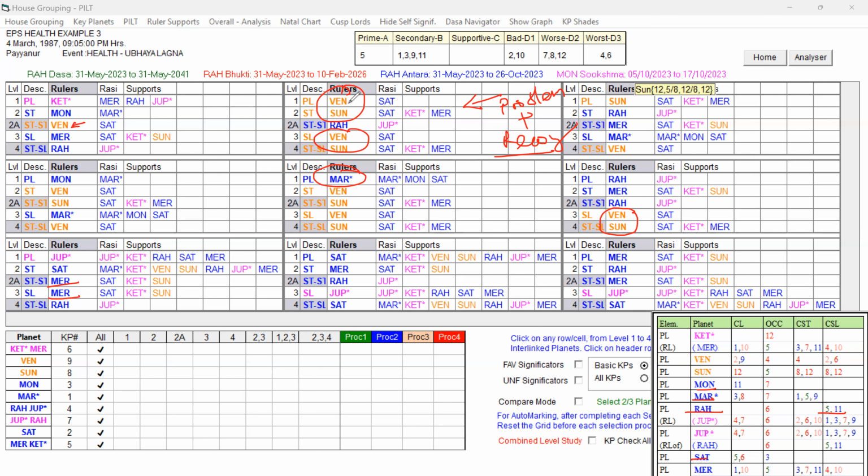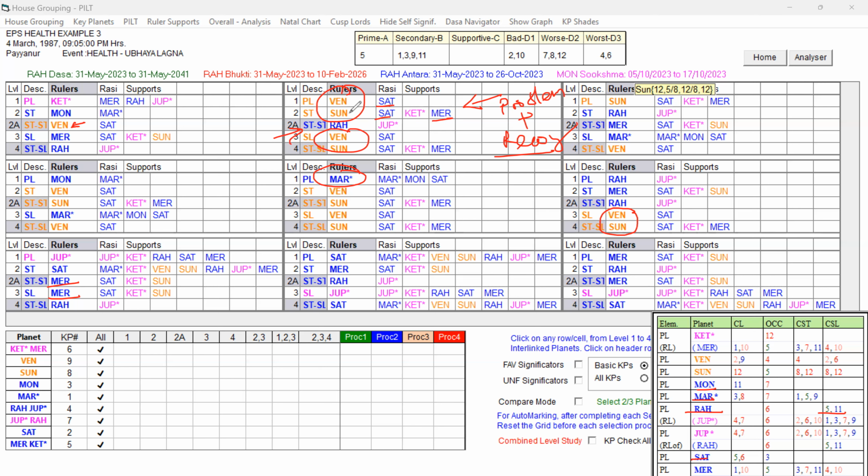How? Which are the favorable key planets making that Bhukti supportive for recovery? It has got Saturn, Mercury, all are present. Importantly, you can see the star lord is Rahu. Rahu is the favorable key planet of the destiny also.